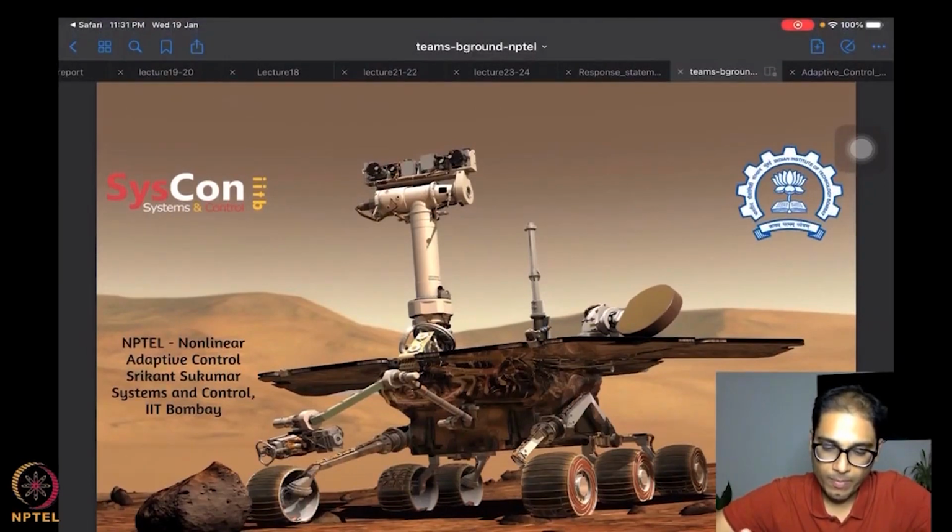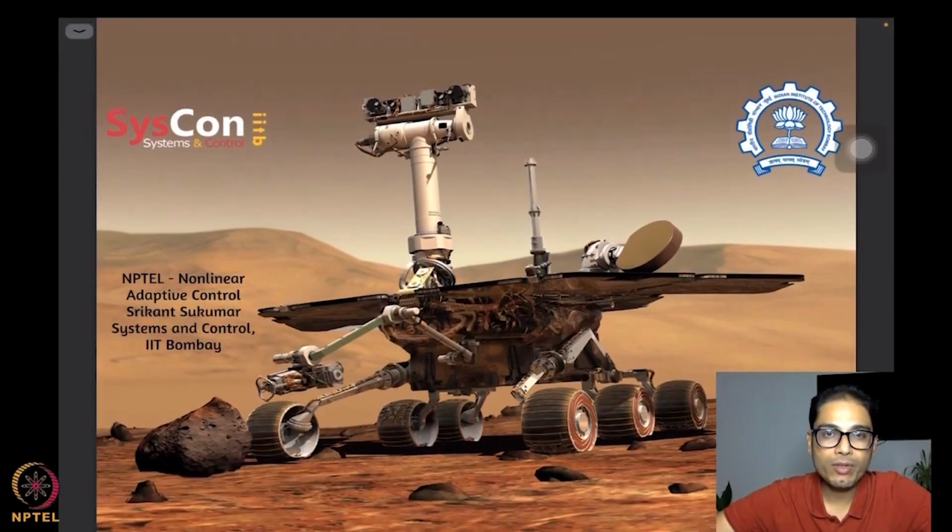Before I move forward into the lectures for this week, a quick recap of what we saw last time, that is, in the last week. We spent our time last week trying to develop a lot of the structure that is required to study adaptive control or nonlinear control for that matter. So what is this structure?